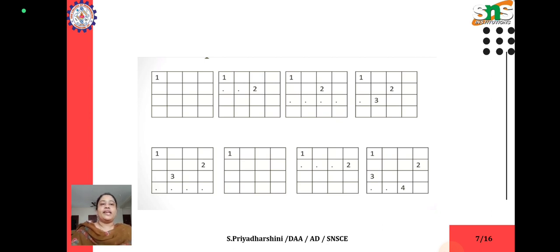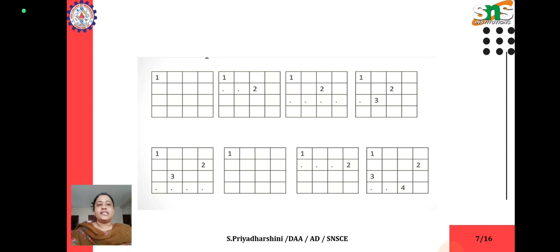So it should be placed in column 3 of row 2. If we place queen 2 there, then we go with the depth first search, that is, we have to place queen 3.